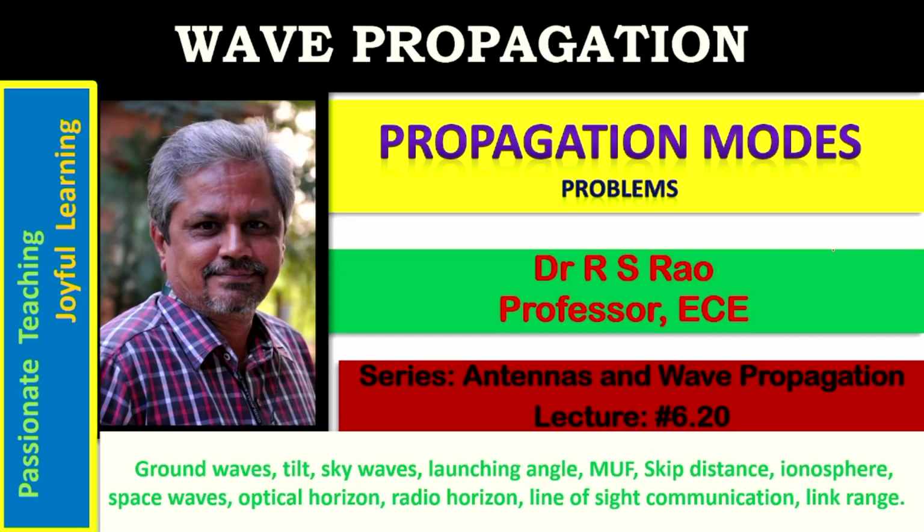In the present session, we consider several problems and their solutions too, which are based on the three modes of wave propagation. The solutions of these problems are described, explained, and discussed to give a clear understanding of the propagation mechanisms of electromagnetic wave.